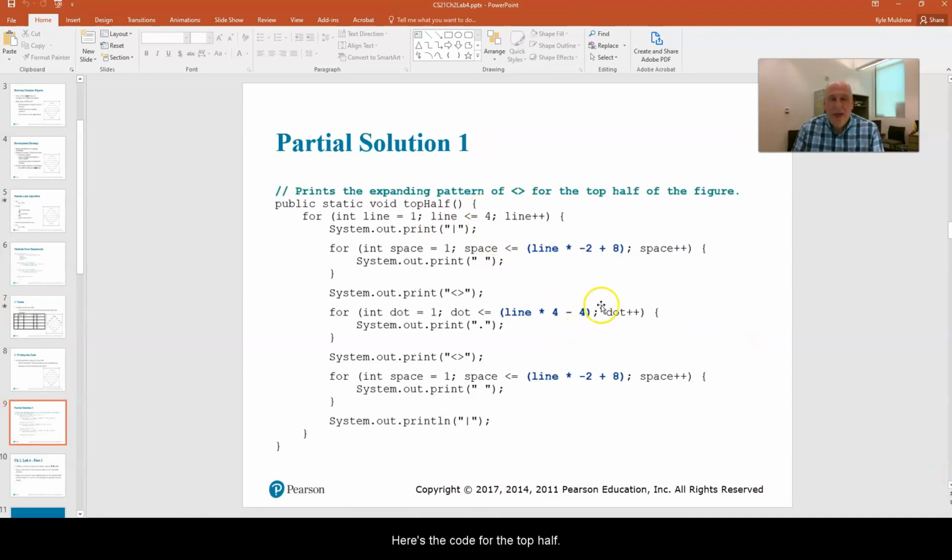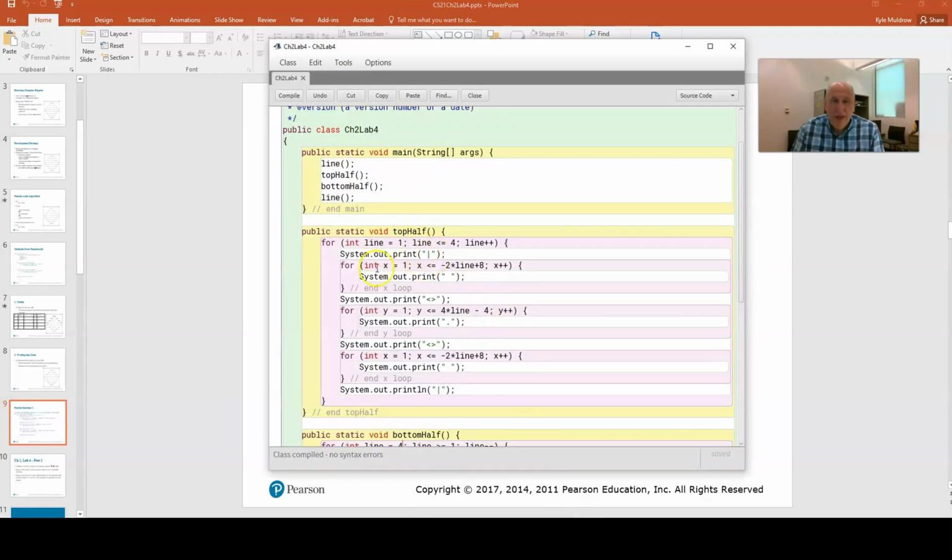Here's the code for the top half, which I also have in Java. So as you can see, I have my outside loop. I'm using line as the loop counter, and it goes from 1 to 4. Now, I draw my up and down line.